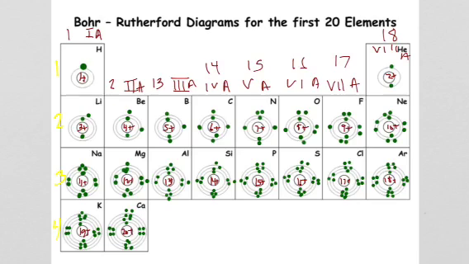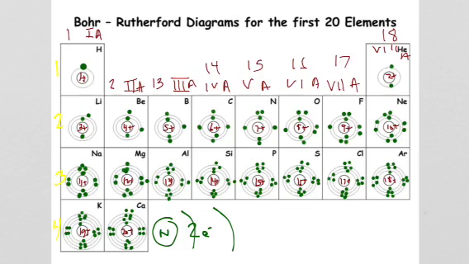The electrons on that first shell, you can only have two. So the first shell has a maximum of 2 electrons. So here you have your nucleus. That first shell is going to have a maximum of 2 electrons.